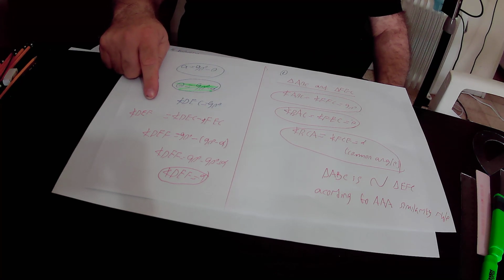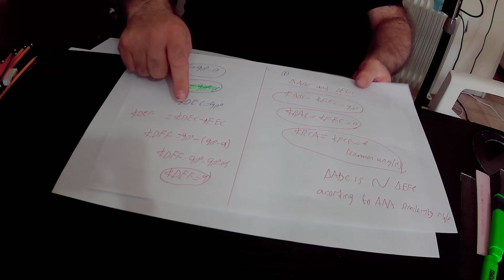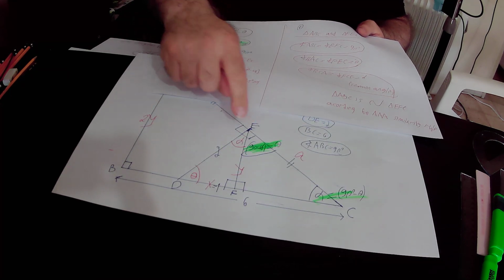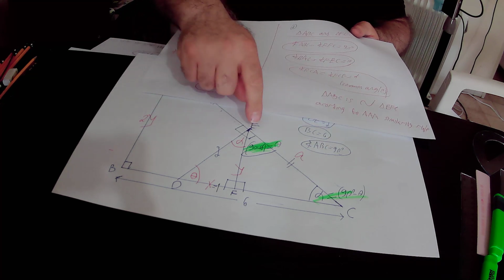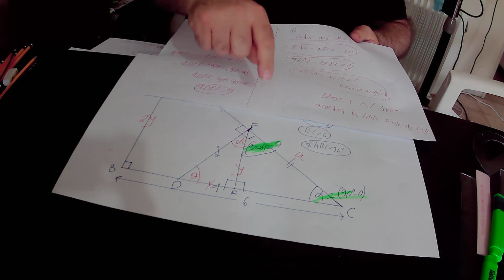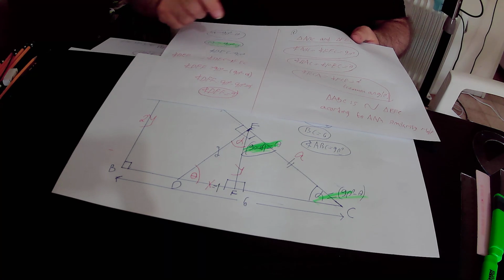So angle DEF, the missing angle, equals angle DEC, that is 90 degrees, minus angle FEC, that is 90 degrees minus theta.